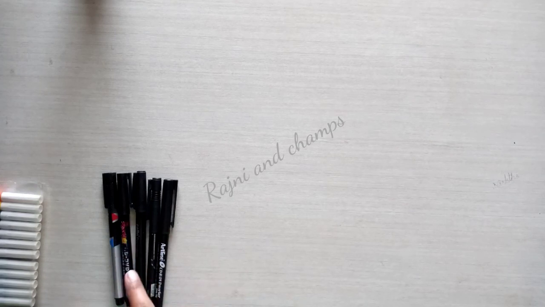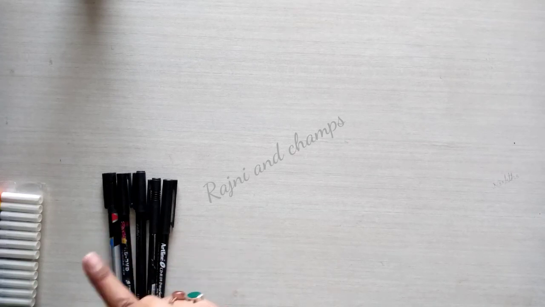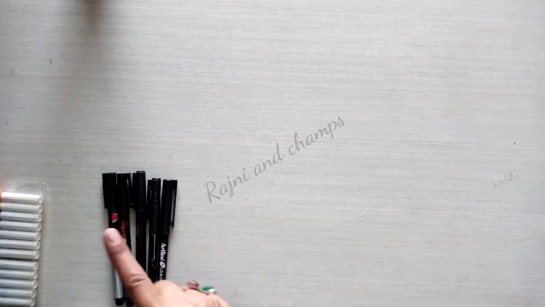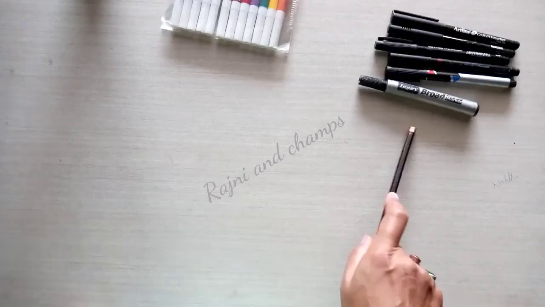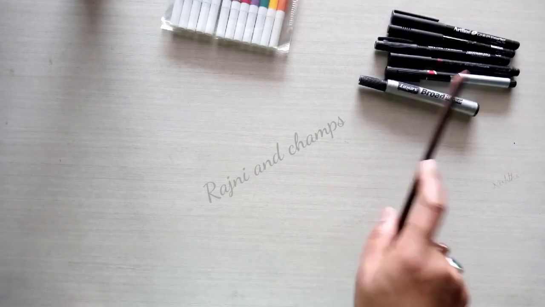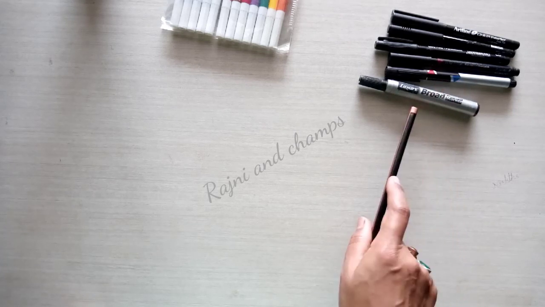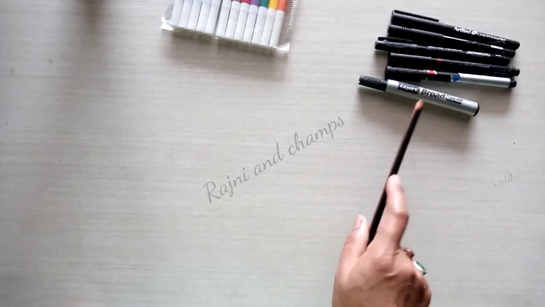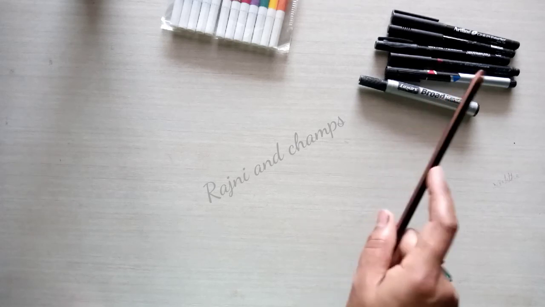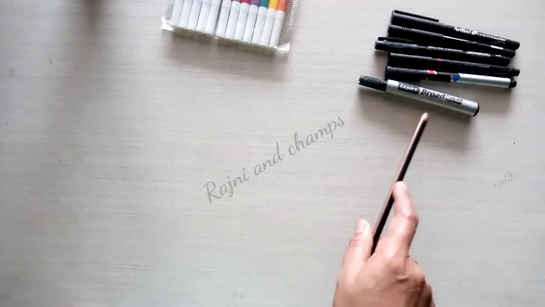What are these? These are markers. These are not colors. Or we can say these aren't colors. These are markers. Now answer me, what are those? Those are markers. Those are not colors. Those aren't colors. Those are markers.